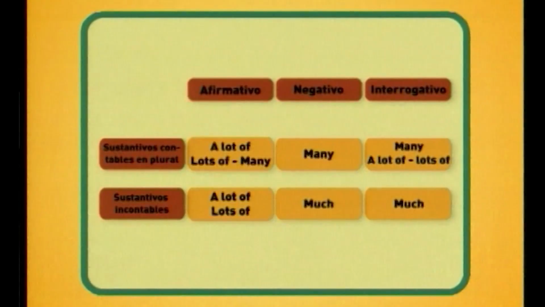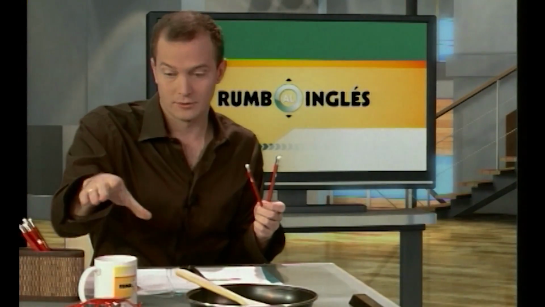So let's start with the affirmative, okay? I'm going to ask you some questions, and I want you to say yes, always, okay? Okay. Always answer in the affirmative. Ahora, da igual si yo empleo, o me refiero a sustantivos contables, como los lápices, o incontables, como el agua, o el vino. Porque siempre vas a utilizar a lot of. Okay?